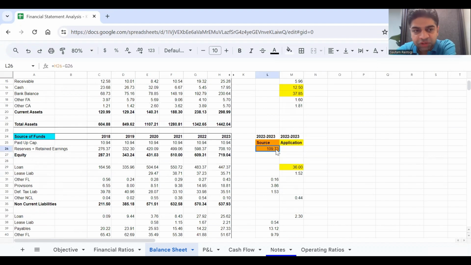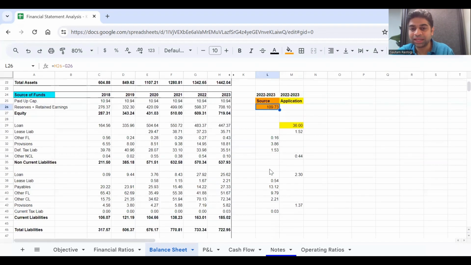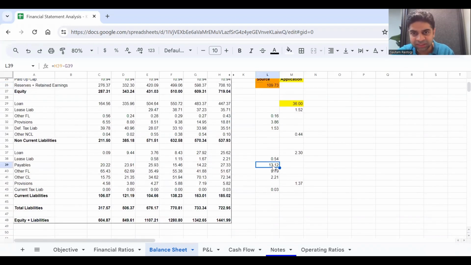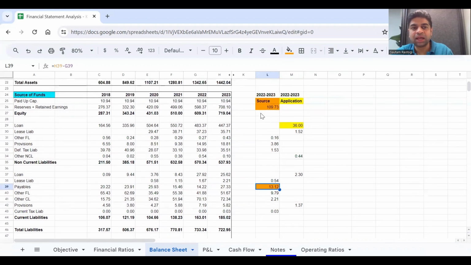So if you see, what are the significant sources of funds between year 2022 to 2023? One is retained earnings. Okay, that is their own profits. That is a significant source of capital. Plus this line item, this payables as well. All this is small. So payables has increased, and retained earnings.